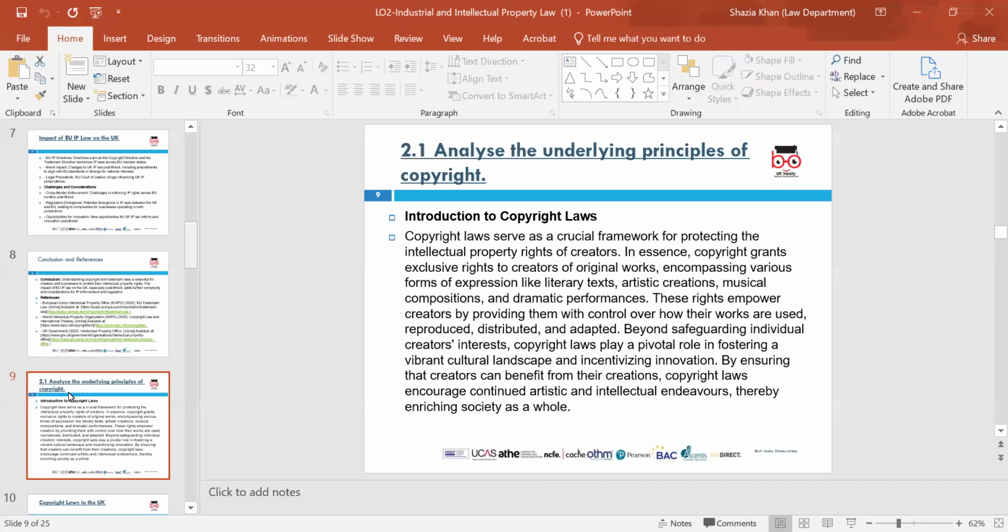Copyright is there to protect the individual's rights, and to avoid anyone copying their work.